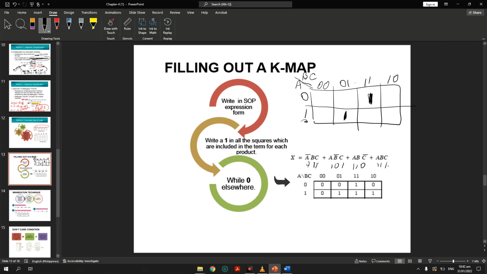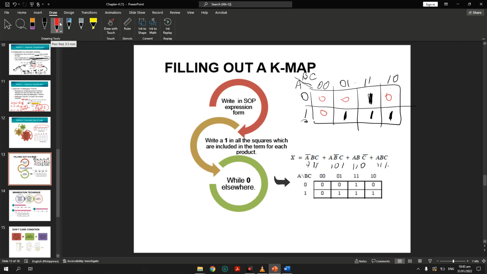Next is 1 1 0: A is 1, BC is 1 0. So we have 1 here. And last, A is 1, BC is 1 1. And all the rest of the squares should be equal to 0. So that is how to fill up our K-map.